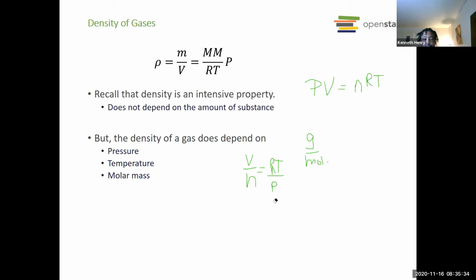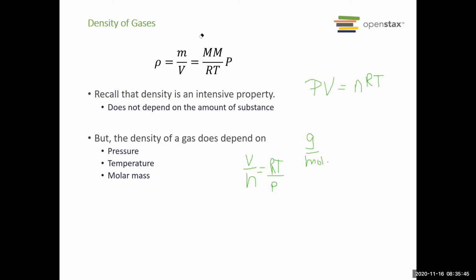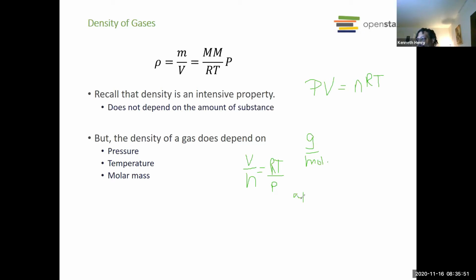If we calculated at STP, standard temperature and pressure, what was the value that you got? Christian? The 22 point, that one? Yeah, 22.4 liters. So at STP, our molar volume is going to be 22.4 liters per mole, which is great for us, because we know that's always going to be the case at STP.